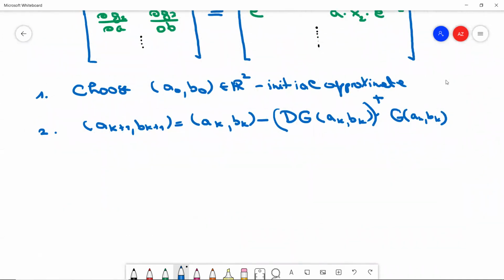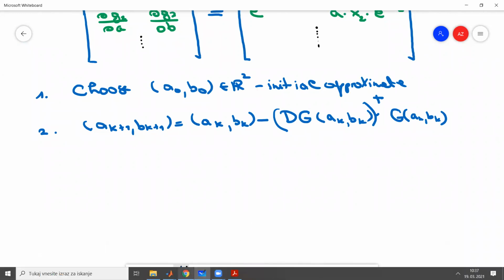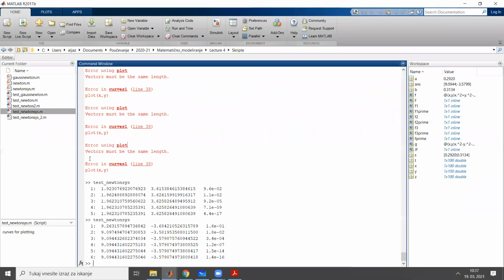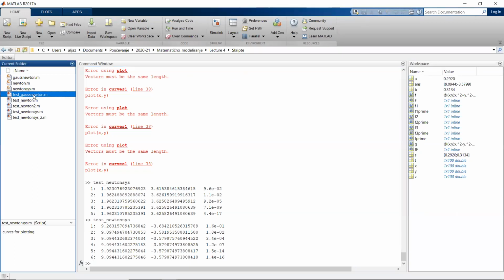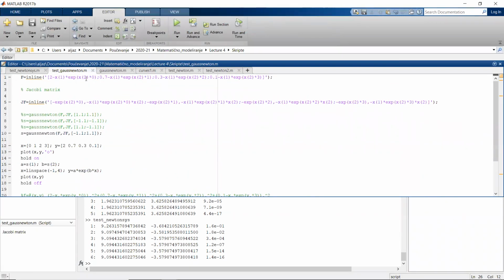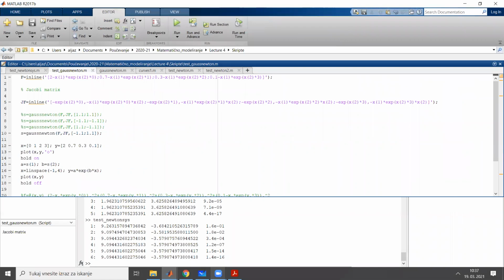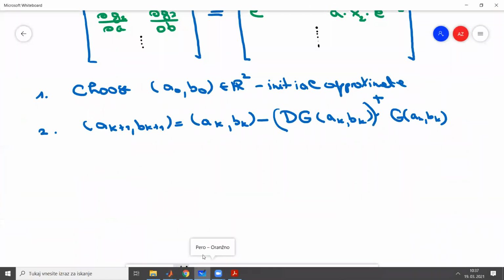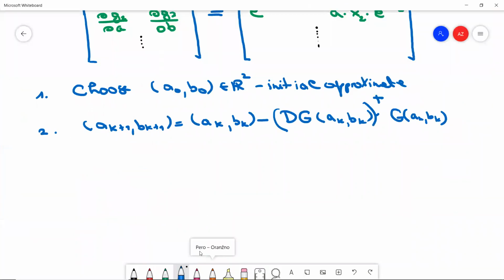Let's do a concrete example. Just let me look in MATLAB which points I've chosen. So I took a concrete example.